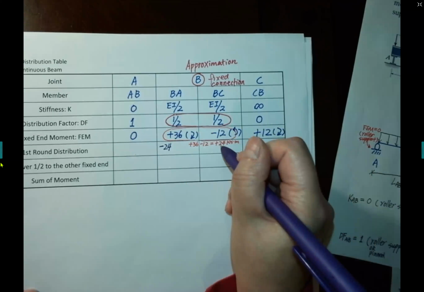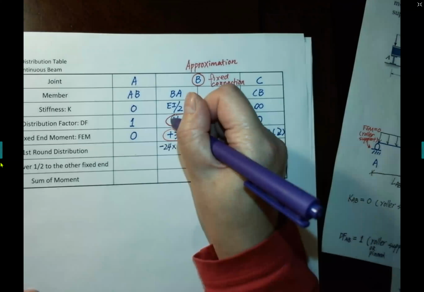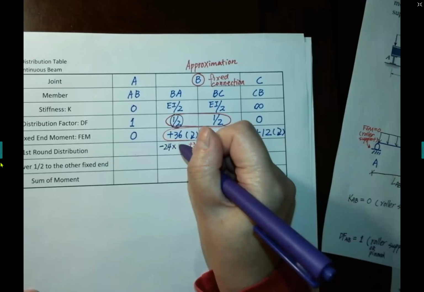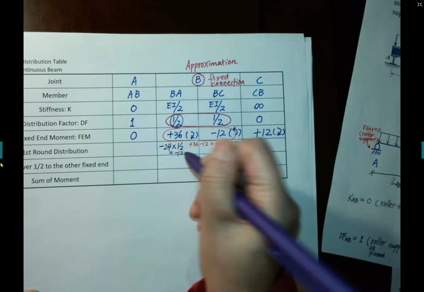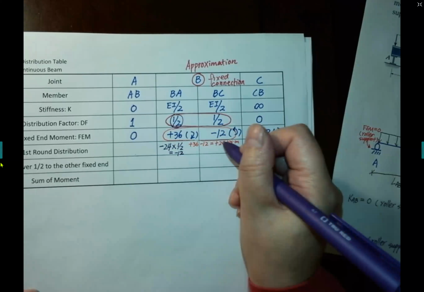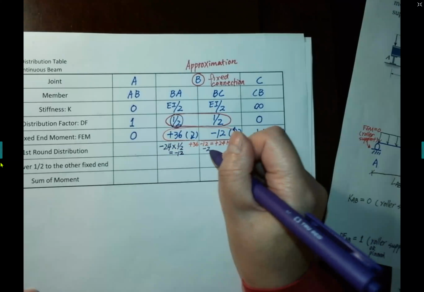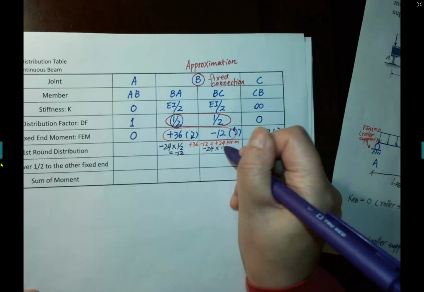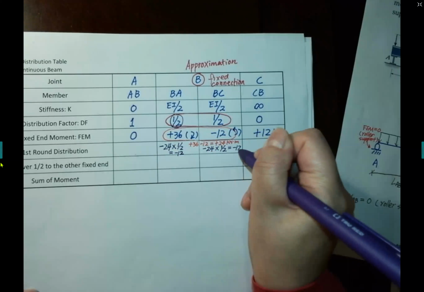Take the negative unbalanced moment times the distribution factor 1/2 and get negative 12 kilonewton meter. For the BC side, use -24 times distribution factor 1/2, which equals -12.